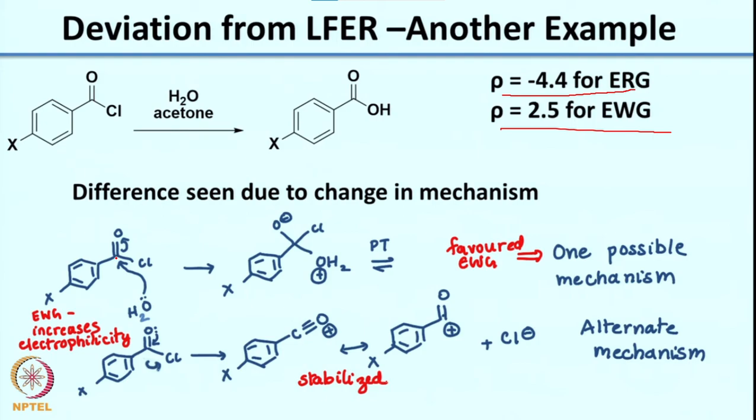So that's why the Hammett value, which is 2.5, is for the presence of the electron withdrawing group.